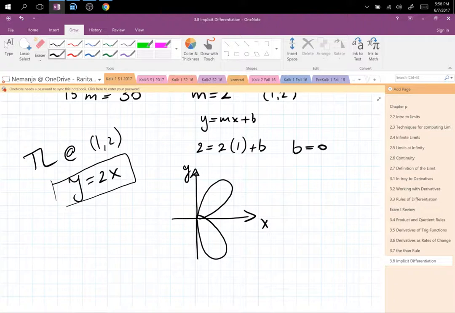Maybe I should actually draw the tangent line as well. Whatever, it should go through 0. Anything else?